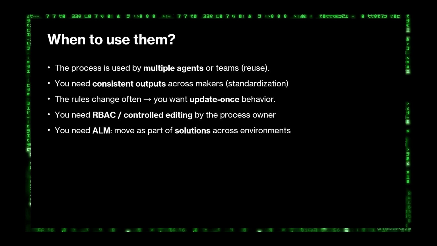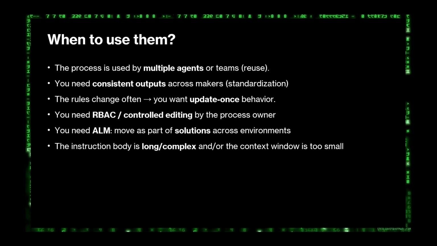Also ALM, because these business skills travel with your solutions across your environment. And from my perspective also, if the instruction body is too long or too complex, or the context window is too small, then this might be a good tool that helps you a lot in how you get work done.